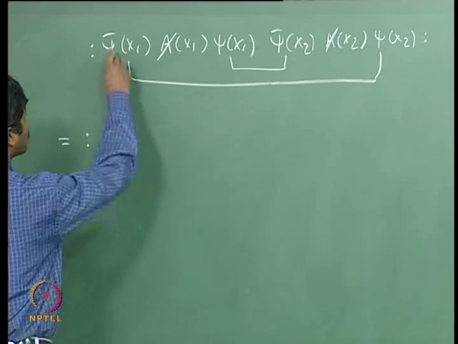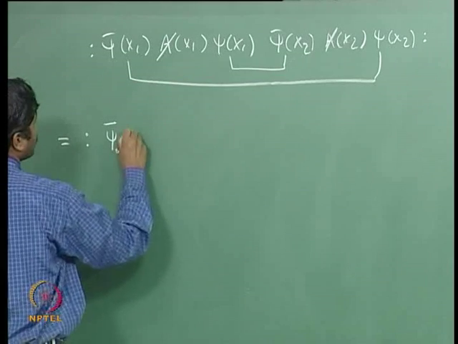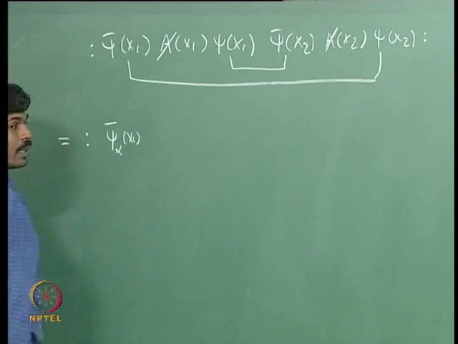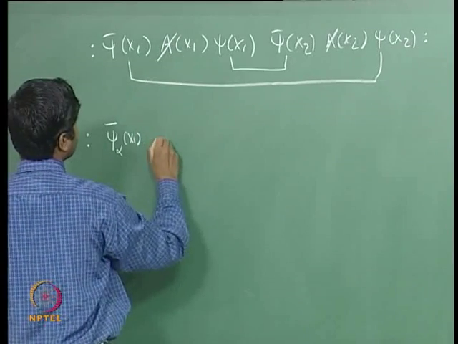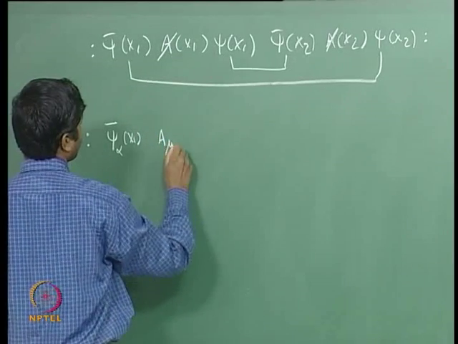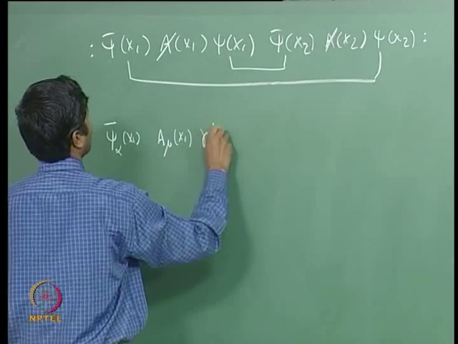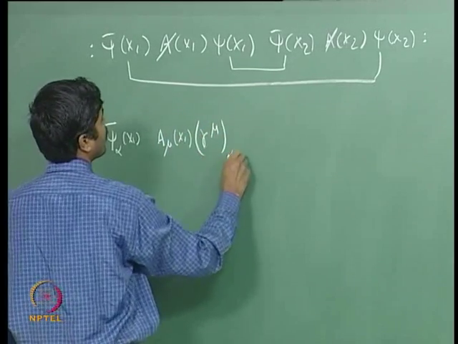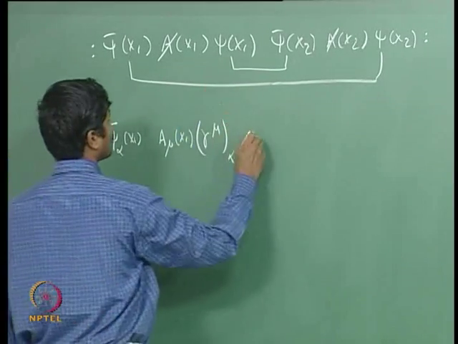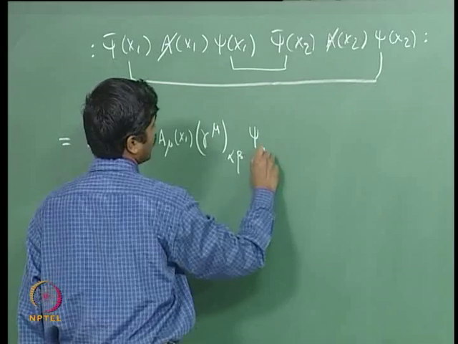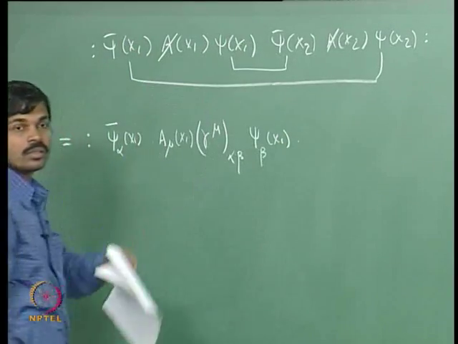I will call this psi bar alpha of x1, and A-slash is nothing but A mu of x1 gamma mu alpha beta, and then you have psi of x1 which is psi beta of x1. That is for this term here.